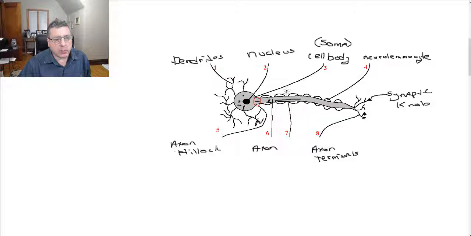There's a space there, and there's a space there. So this is one cell, this is one cell, this is one cell, each a neurolemmocyte, and there's a small little space in between. That small little space is number 7, which is called a neurofibril node.